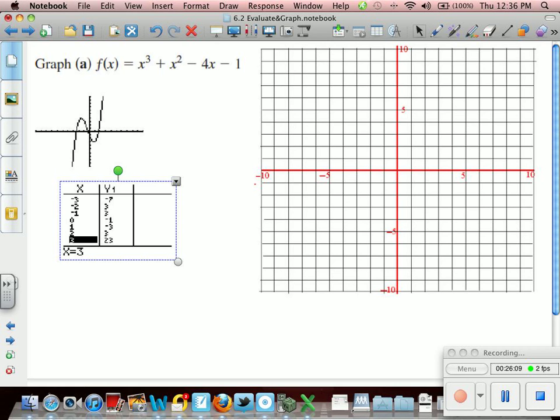So at -3, I'm at -7. At -2, I'm at 3. At -1, I'm at 3. At 0, I'm at -1.